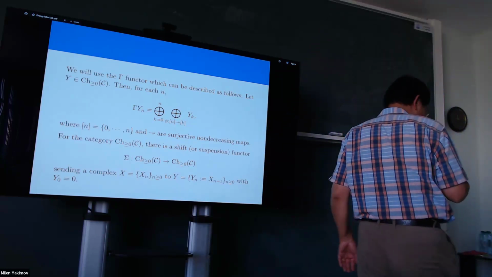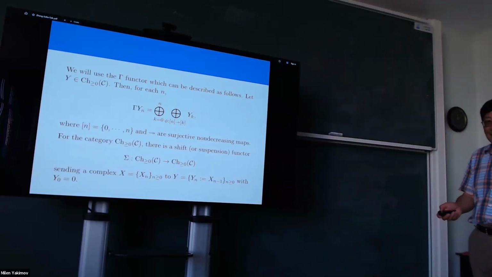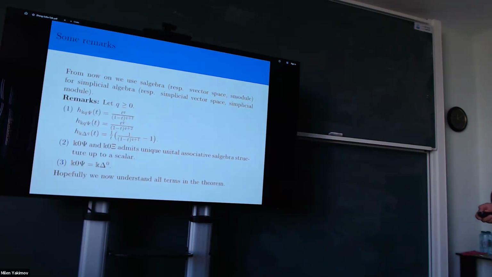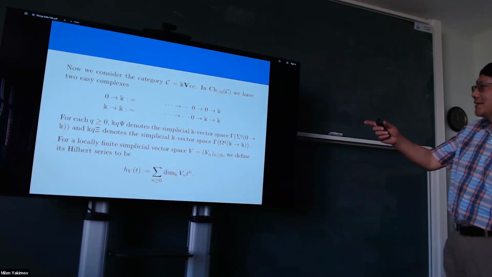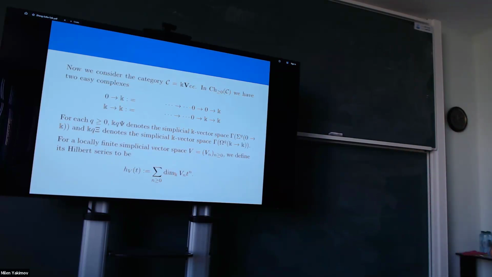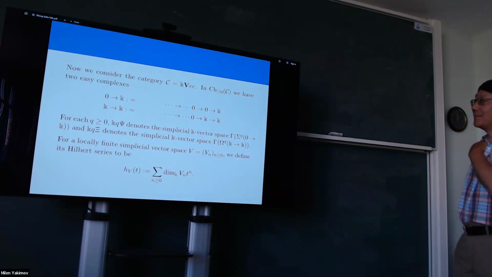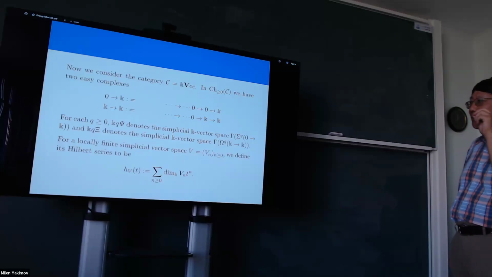Okay, so the shift, we know what the shift functor is. Now the next definition. Yeah, this is the right page. So now we consider the K vector space category. Then we consider chain complexes. I need two special ones.